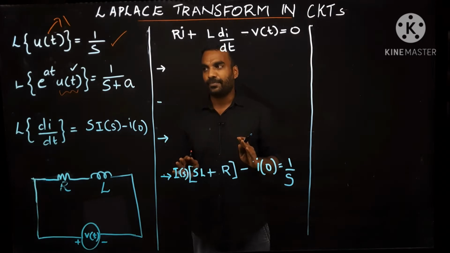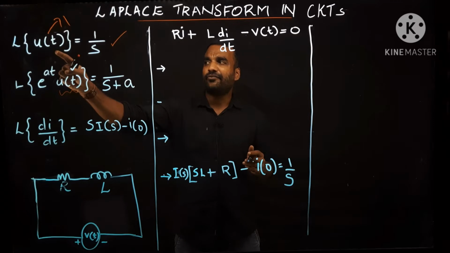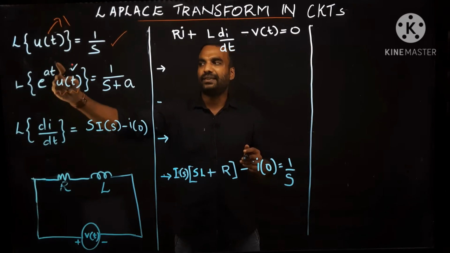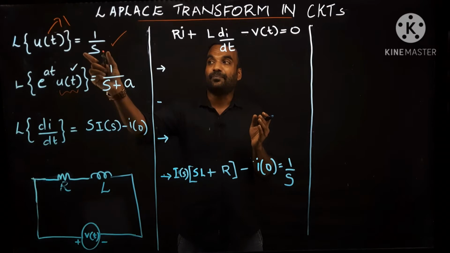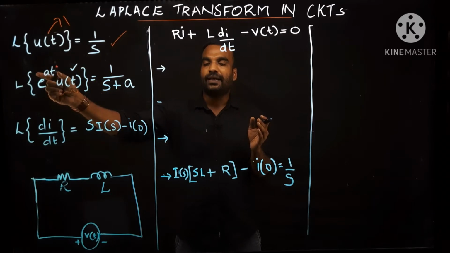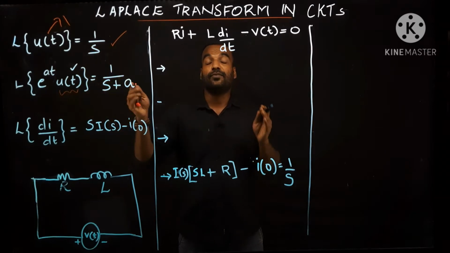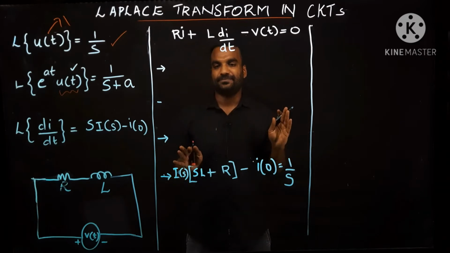Now, on that same thing, we are doing a multiplication with e raised to at. So what is the change in its s term? If you are multiplying the time domain with e raised to at, in the s domain you have to apply a minus a. Wherever you see s, you have to substitute s minus a.